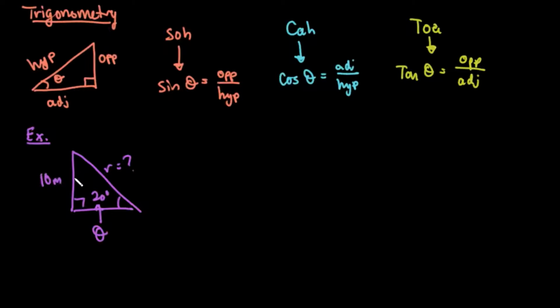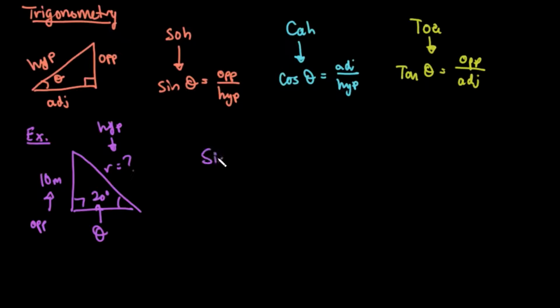This one is the length opposite my angle, so this is my opposite. And we're looking for my hypotenuse. So we need to see which formula has opposite and hypotenuse, which gives us sine.